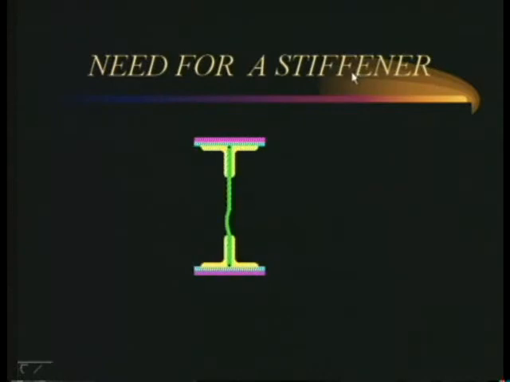A stiffener is required to support or to strengthen the web plate. You can make a note here, it has buckled. When the depth of section is abnormally large, or when the depth is more, there is a tendency for the web plate to buckle, and in such a case we need a stiffener.